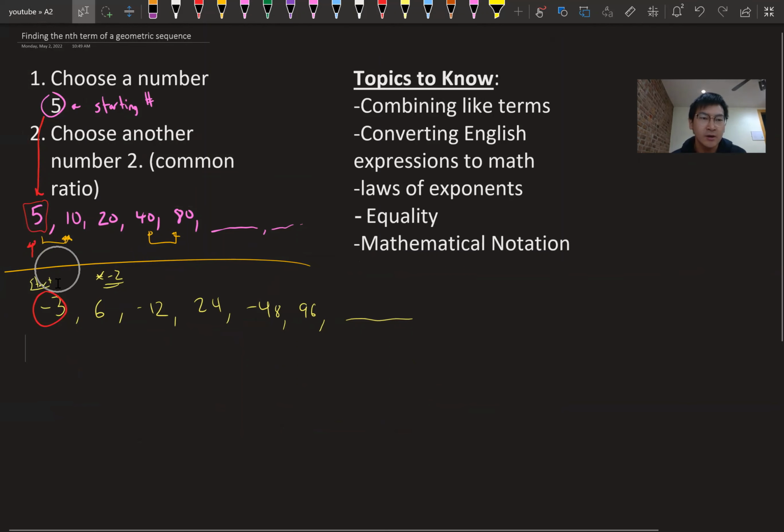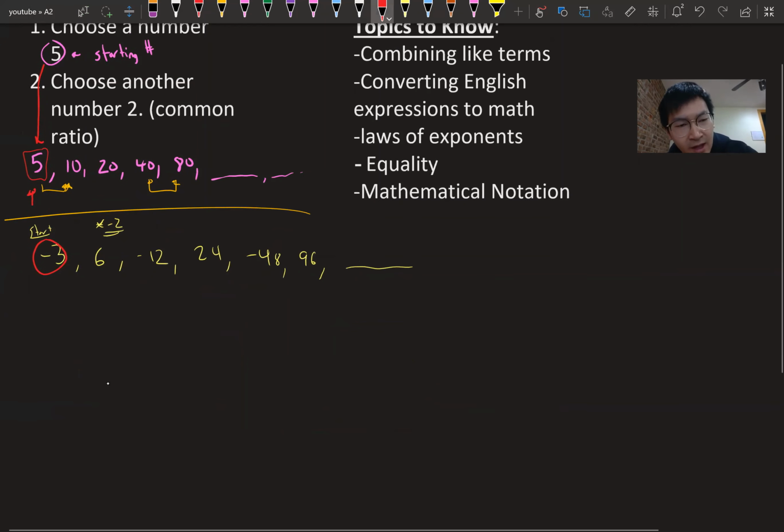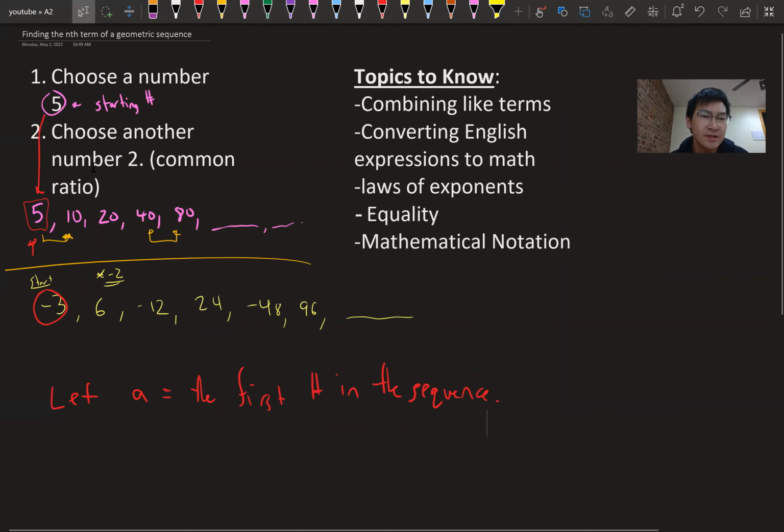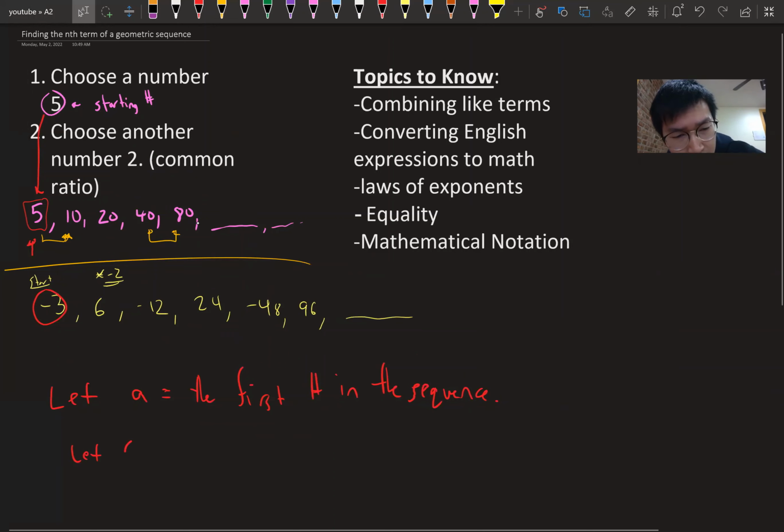Here I'm going to let a equal the first number in the sequence. And the second number I told you to choose to multiply by, that wasn't that important either. So let's call this r. Let r equal the common ratio.